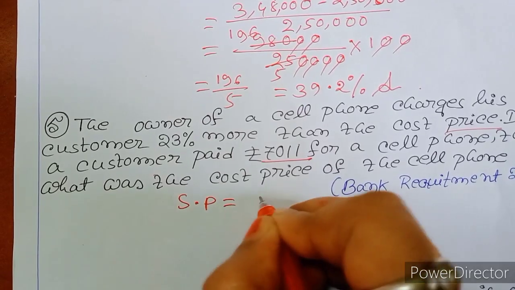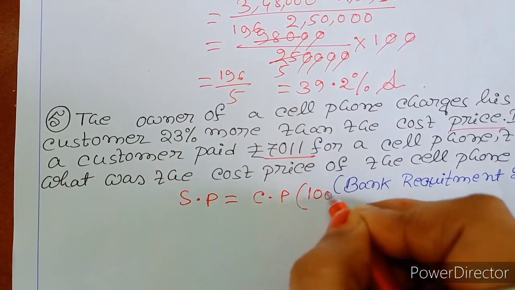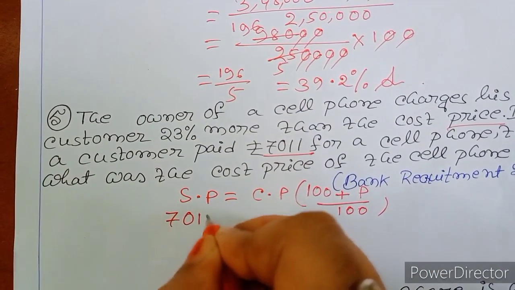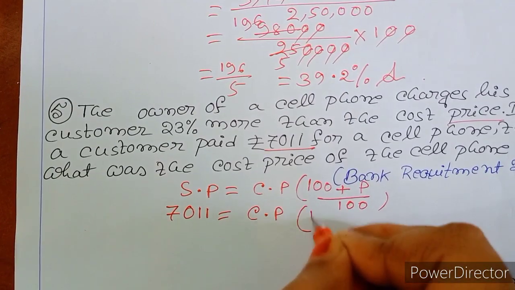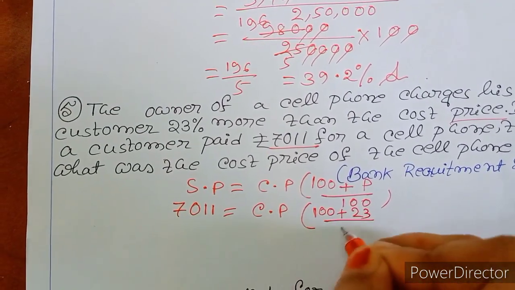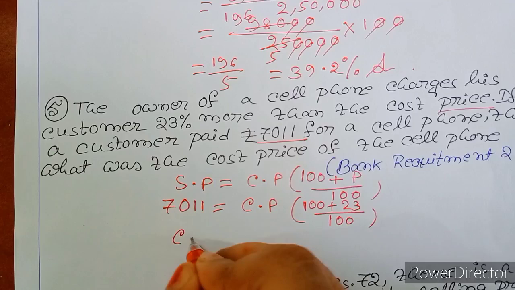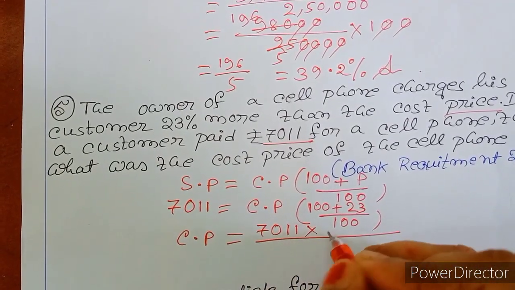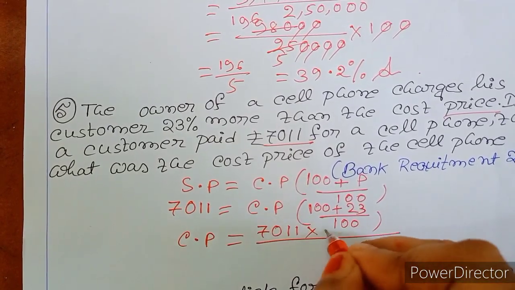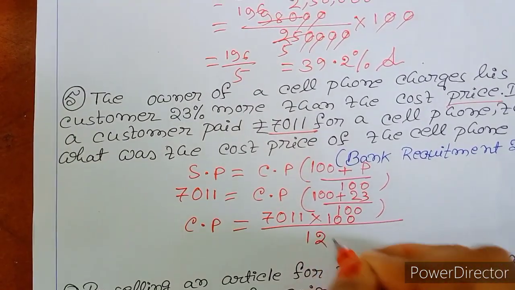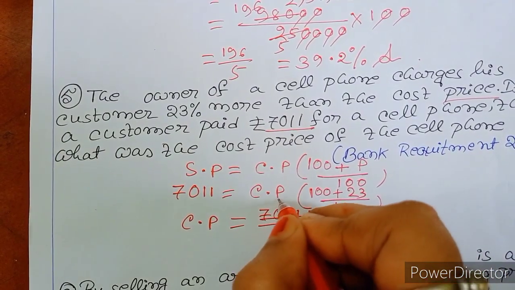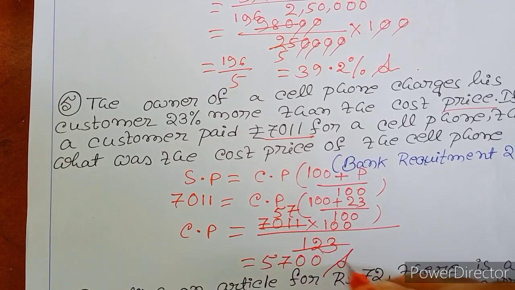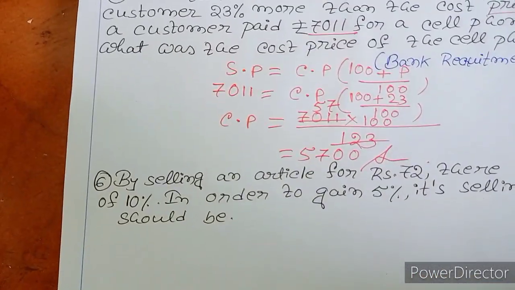Selling price 7,011 equal to cost price into 100 plus 23 by 100. So cost price equal to 7,011 into 100 by 123. So it means 57, so 5700 is the answer. So the cost price is 5700.